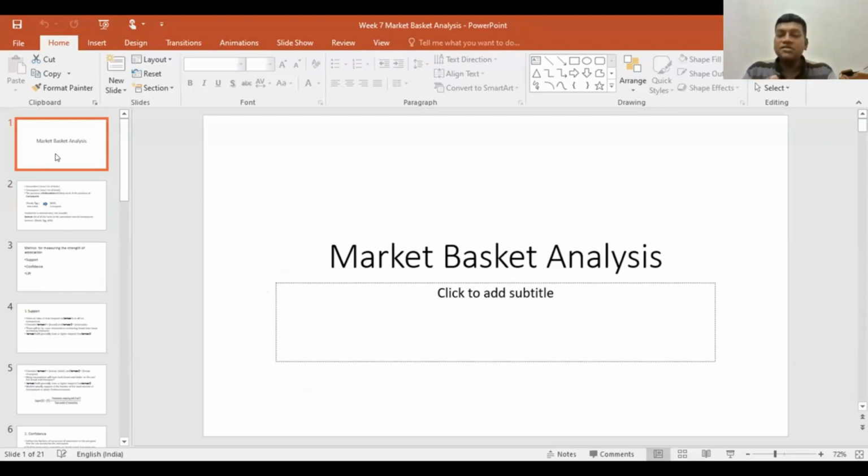The idea is, if you're able to identify, as a marketeer or as the manufacturer or the retailer, a group of things which are getting consumed together, you will be able to take advantage of this idea and group all these things together and place them in a suitable way.